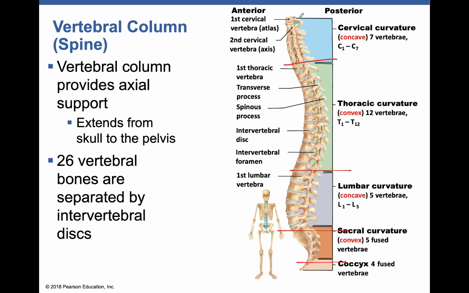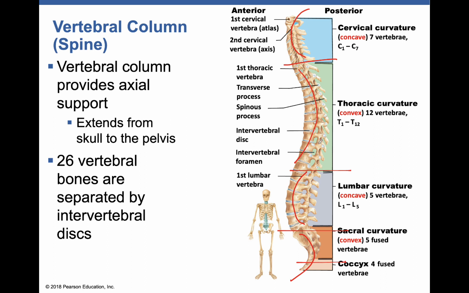Curvature-wise, the cervical region has a concave curve, and the lumbar region has a concave curve. The thoracic region has a convex curve, and the sacral and coccyx region has a convex curve. So concave means it arches in towards your body. Convex means it arches out away from your body.